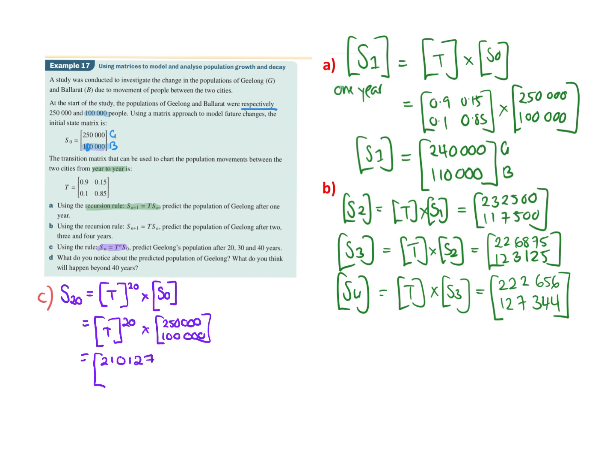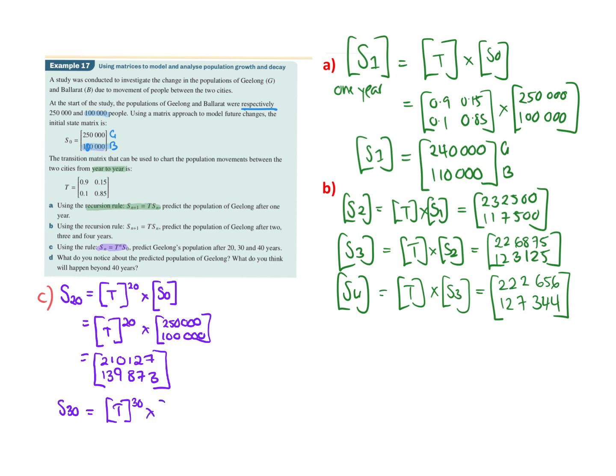So we're going to get 210,000 and 139,873. So that's 20.